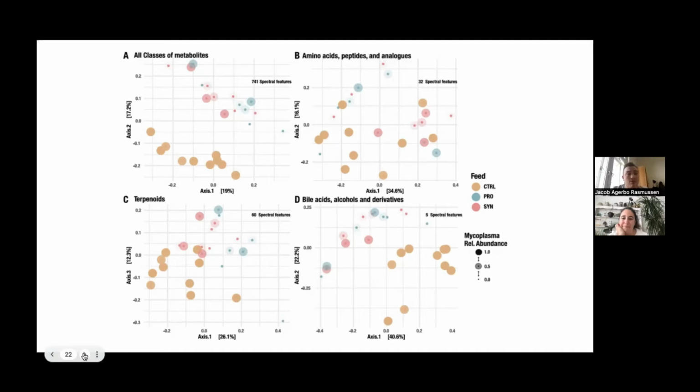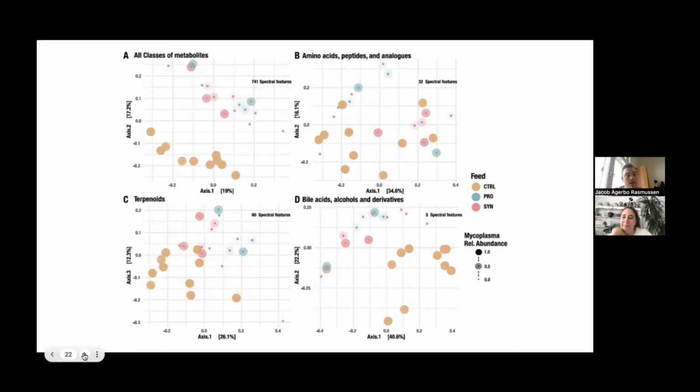But in general, we saw here that overall the composition of all the metabolites is following the bacterial composition also. And if we got down to classes of different metabolites, we also saw the same trend for amino acids and these secondary metabolites and also bile acids.